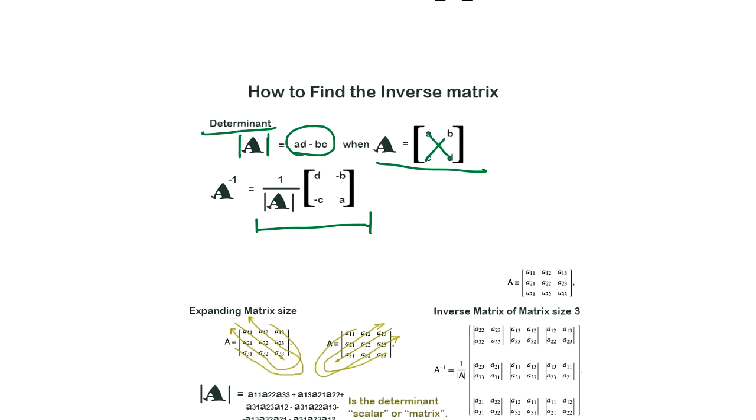And what happens to this matrix? It's going to be this way. You look at this position here, then this is going to be this element. You take this position, then this is going to be this element. You take this position, okay, then I believe this is the opposite.